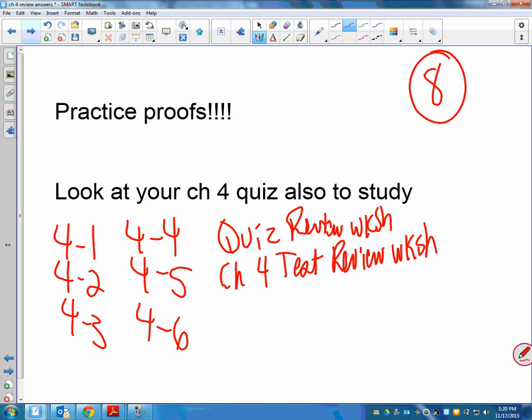probably proofs are going to be like 5, 30, 35 in your text. Okay. I promise things will settle down a little bit after this, but it's really important.